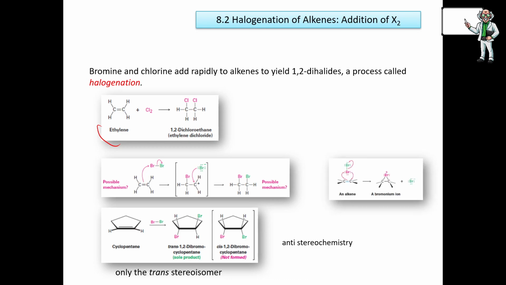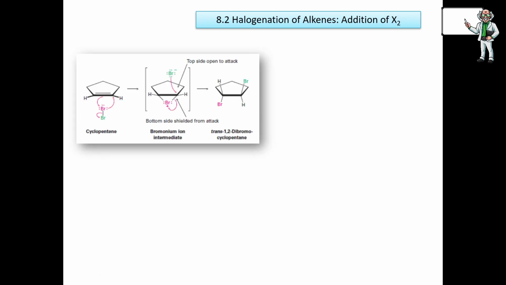The accepted explanation is the formation of a bromonium ion. Basically, what is happening is that the double bond is attacking the bromine. The same bromine is attacking the carbocation generated in situ, forming this bromonium ion. Once we have the bromonium ion, for example in the case of the cyclopentane, because the bromonium ion has to be up or down of the plane of the cyclopentane, the bromide has to attack from behind the carbon-bromine bond.